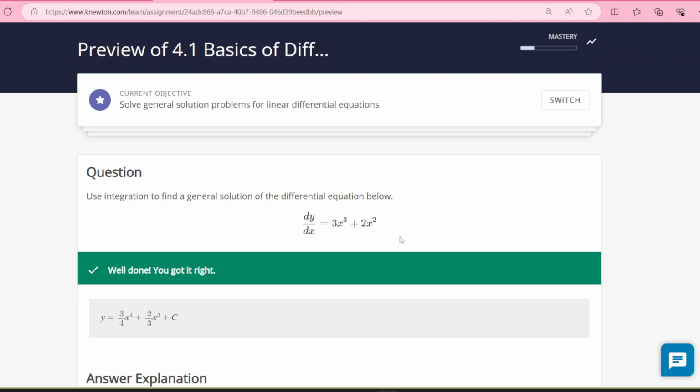Now be careful. The problems I saw here in the video had some nice easy integrations. Maybe that one with the natural log, you'd have to do by parts if you forget what that is. But just be aware that you may see some where you have to do integration by parts, or a trigonometric integral from section 3.2, a trig substitution from section 3.3, or a partial fraction decomposition from section 3.4.